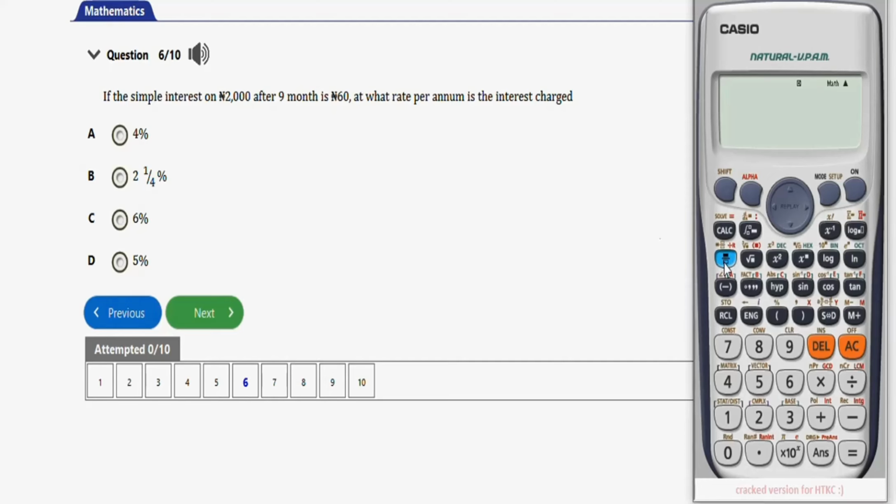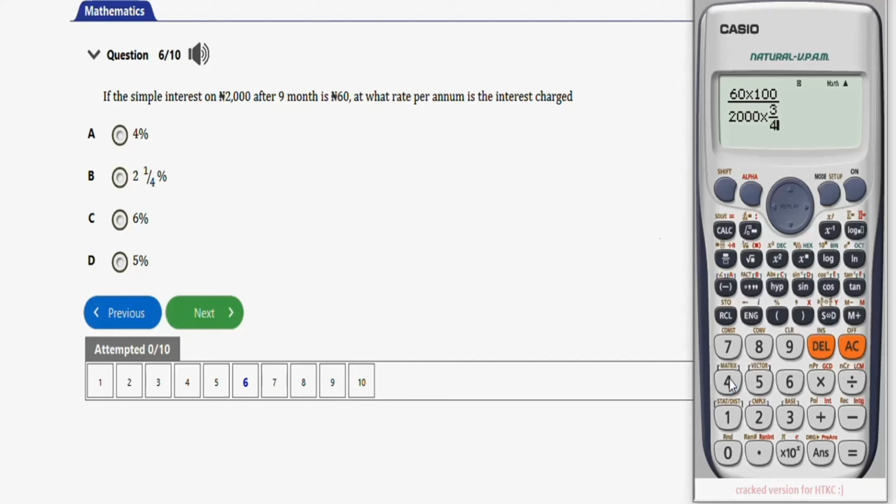So the rate is simple interest times 100. The interest here is 60 times 100 over principal, and the principal is 2000. Time, 9 months, is equivalent to 3 over 4 of a year if you are converting it to years.